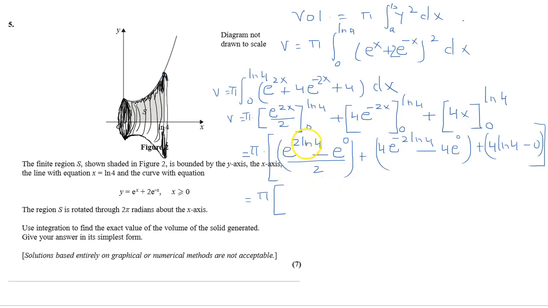So this is equal to pi times e to the power ln, so this 2 will come here as 4 squared. So let me write it: e to the power ln 16 minus 1 over 2, plus 4 e to the power ln 1 over 16, minus 4, plus 4 ln 4.